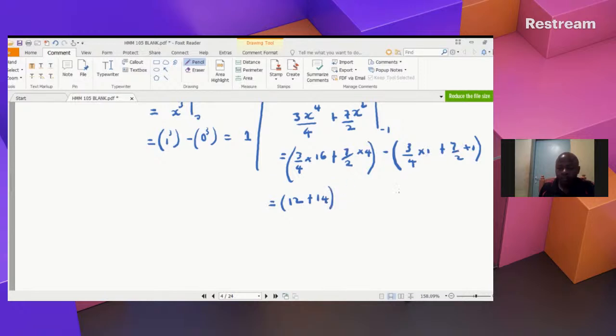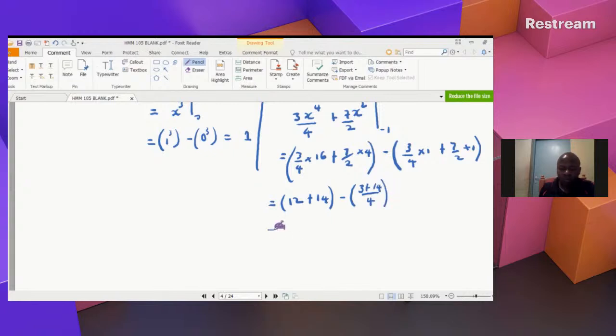What I'm saying here is that the LCM is 4. And 4 goes into 12 once. 1 times that would be 3. What about this? 2 goes into 4 twice. 2 times 7 is 14.